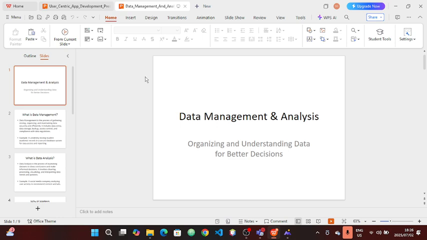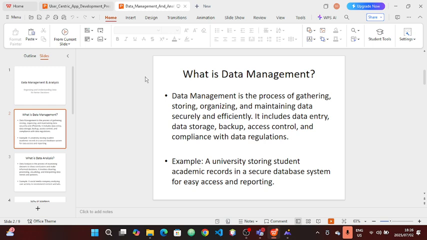Yeah, on the second video, they were speaking about data management and analysis. Okay, let's go through this. What is data management? Data management is the process of gathering, storing, organizing, and maintaining data securely and efficiently.